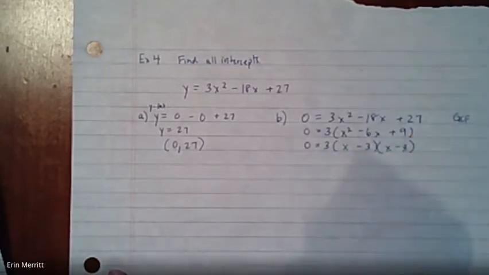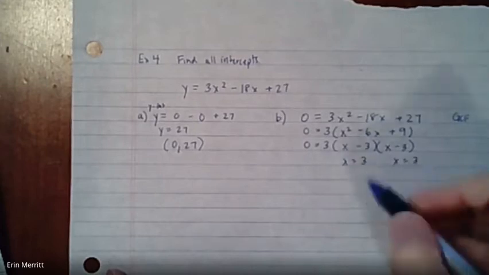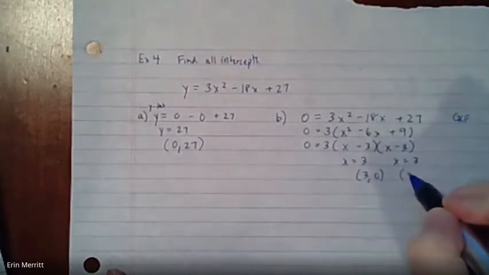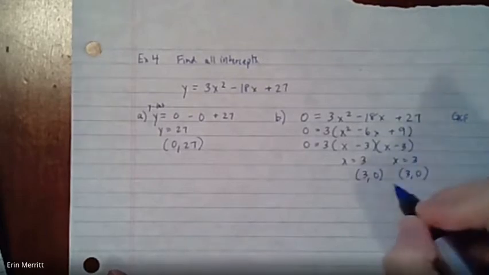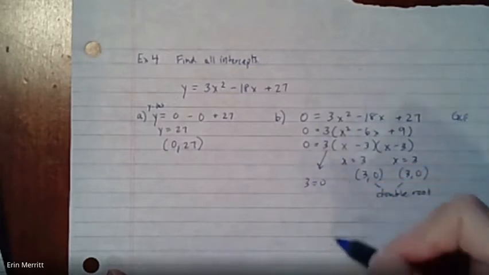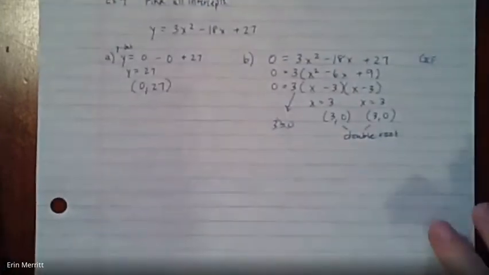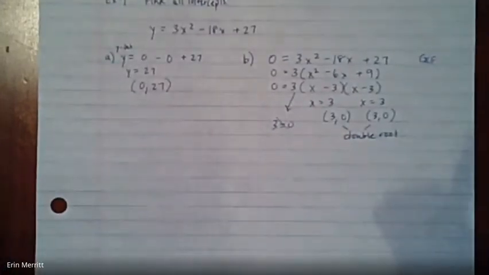Right? So in this case, when you get the same answer twice, you didn't do anything wrong. But what that actually means, this is called a double root. This 3 in front, you would set it equal to 0. It wouldn't do anything. It's going to affect the stretch of the parabola, if you can think back to our transformations unit.